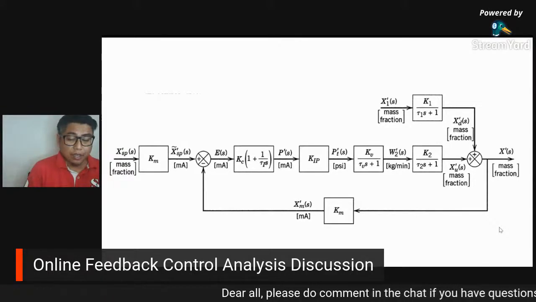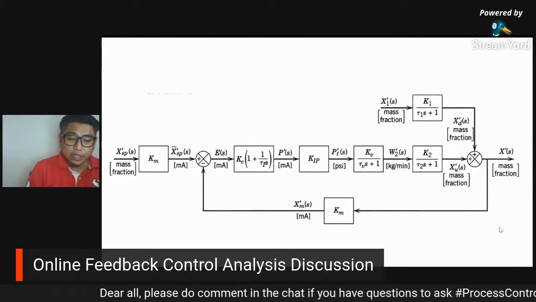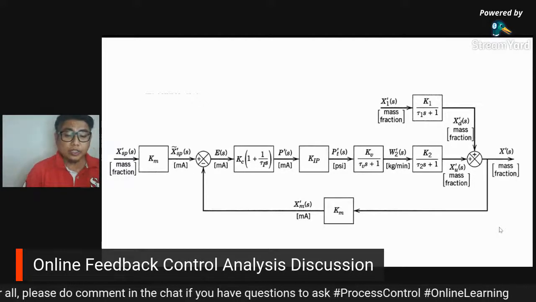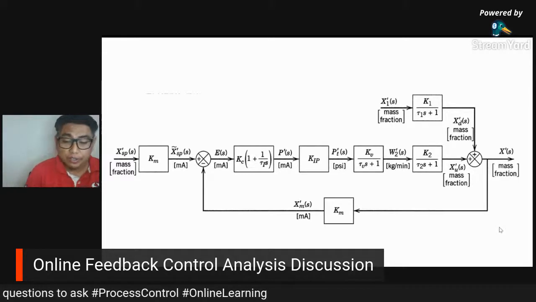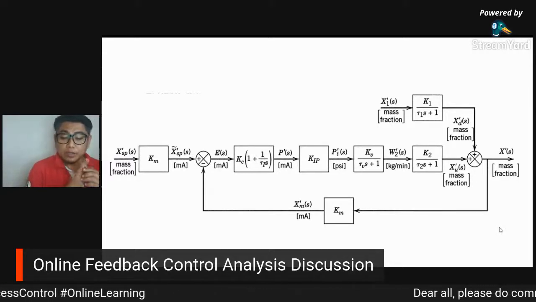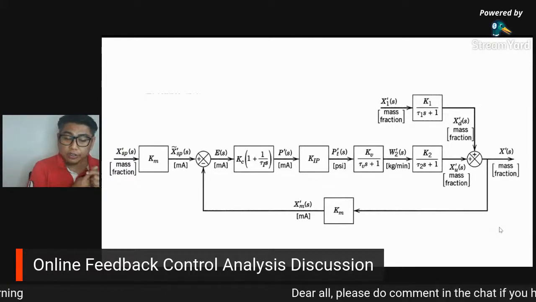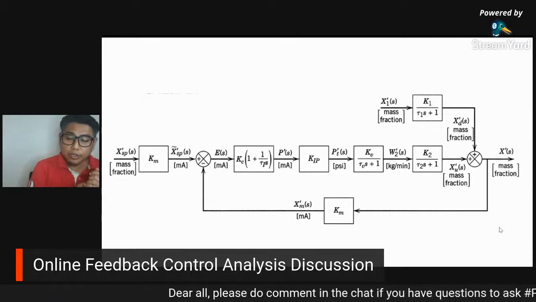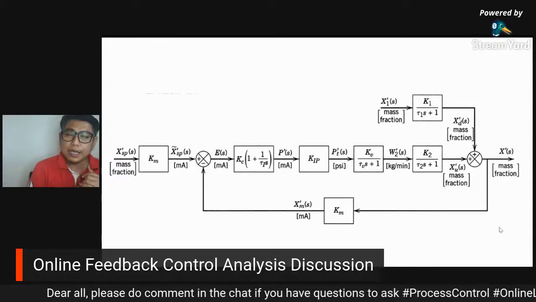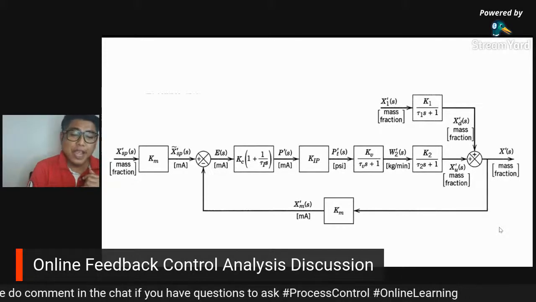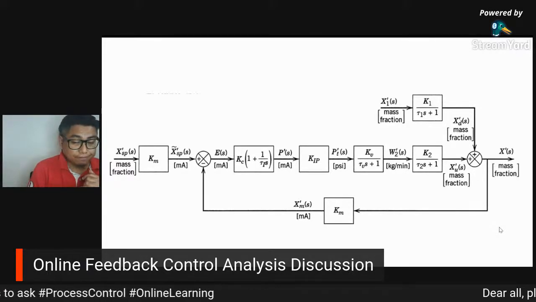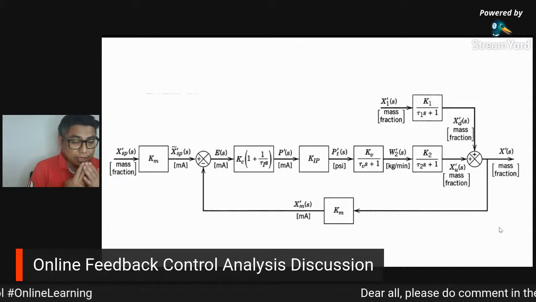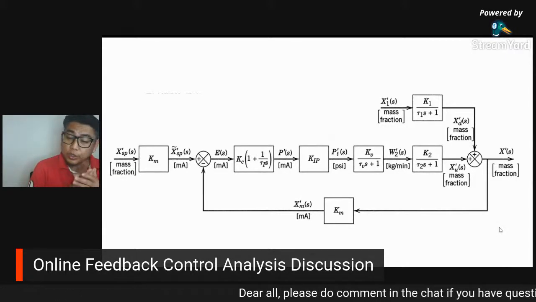If you're not really clear on this block diagram, you cannot derive your transfer function. Second, you cannot analyze the behavior of your closed loop system. Third, you cannot do your stability analysis.